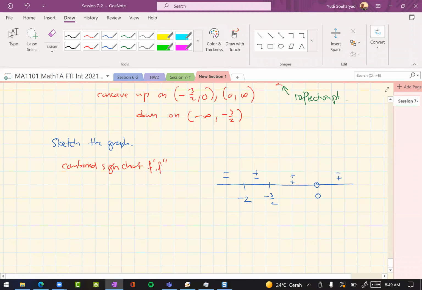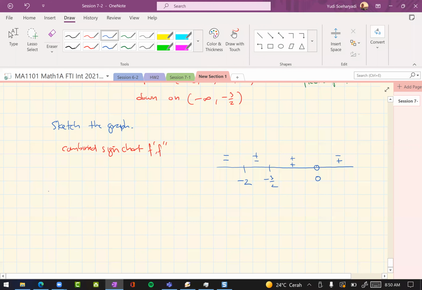Okay. Recall the shape. This is decreasing, concave up, increasing, concave down, decreasing, concave down, increasing, concave up. All right, so the shape should be minus, minus, minus, minus means that. And here you go plus, minus.